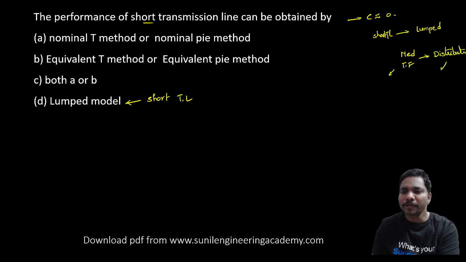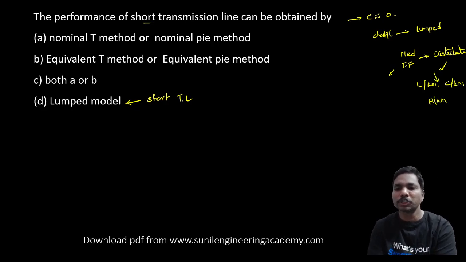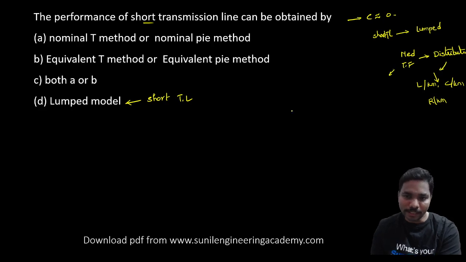Distributed means inductance per kilometer, capacitance per kilometer, resistance per kilometer. We need to take the calculations like this. In both medium and long transmission lines we go with distributed.